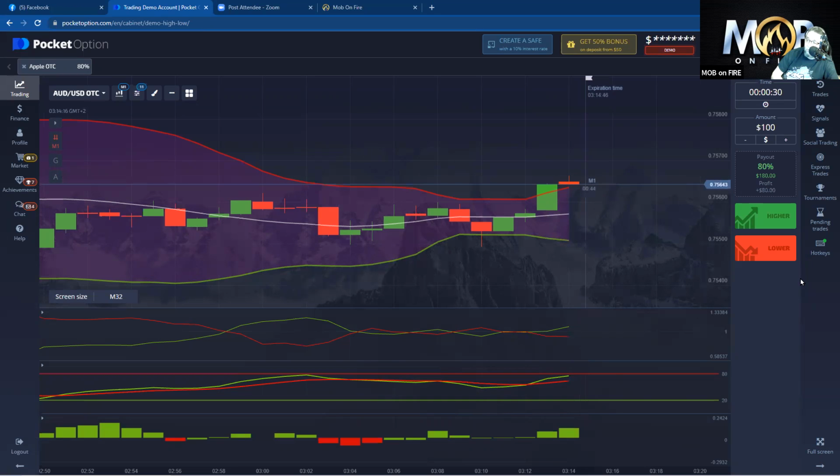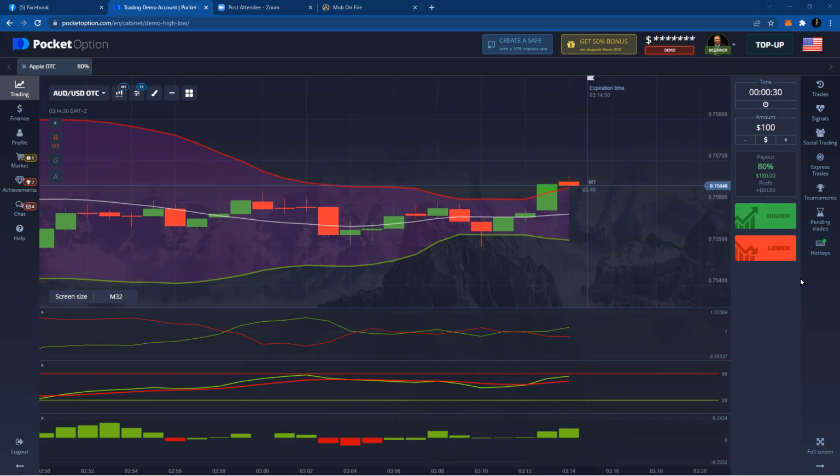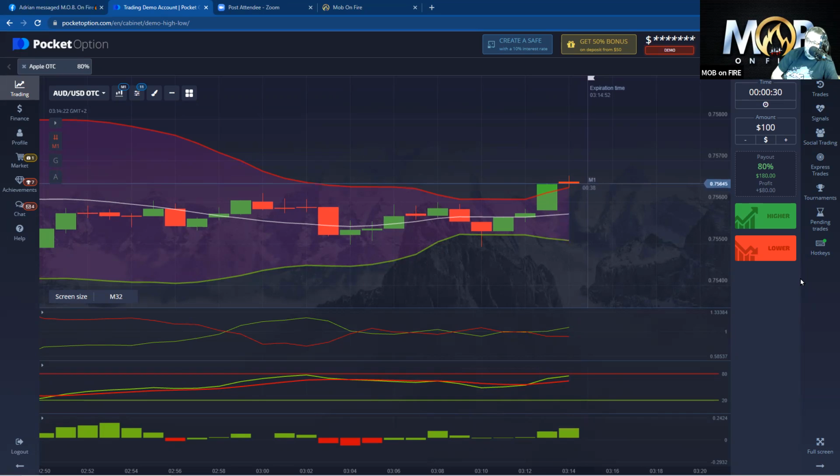What you're going to have is a 6.0 version of the SBA. Wow. SBA stands for Star Bar Arrow. So basically what you're doing is you're waiting for a star, a bar, and an arrow to appear on the chart.